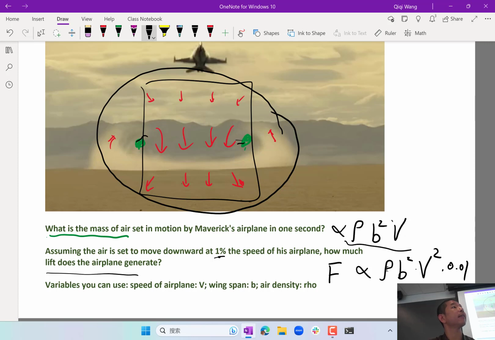I still didn't get why the V squared. Oh, why the V squared? This is the mass per second, which already has a V, right?